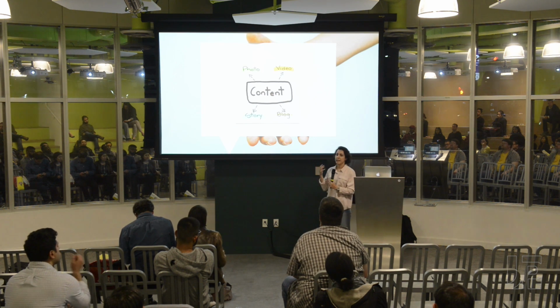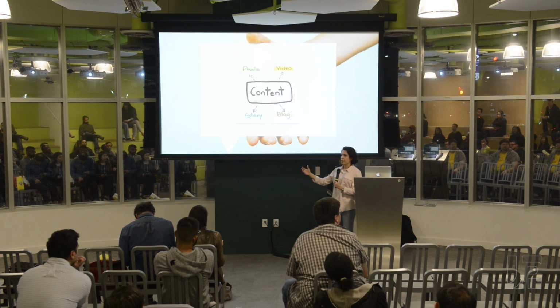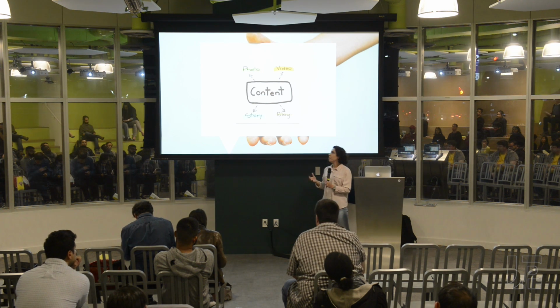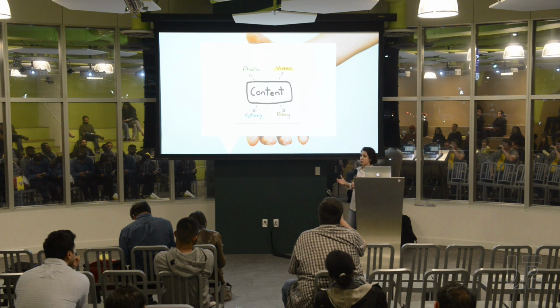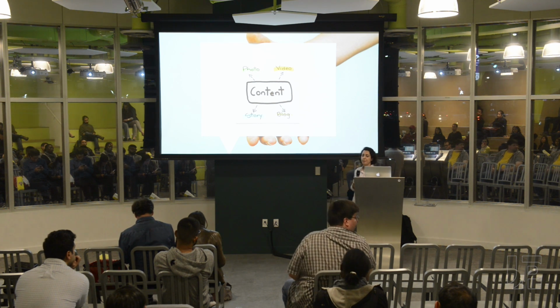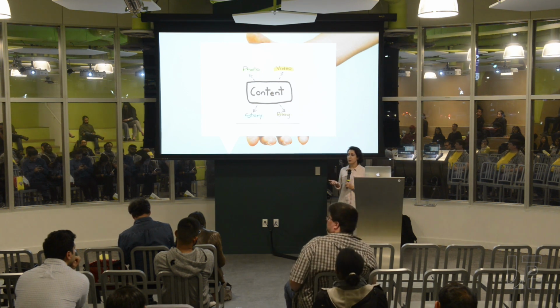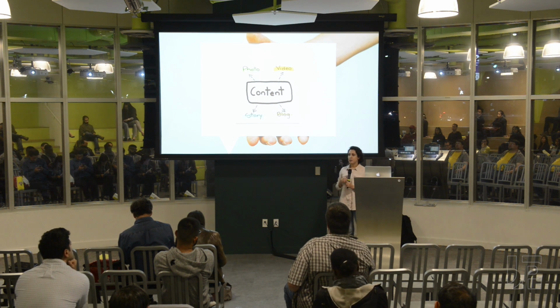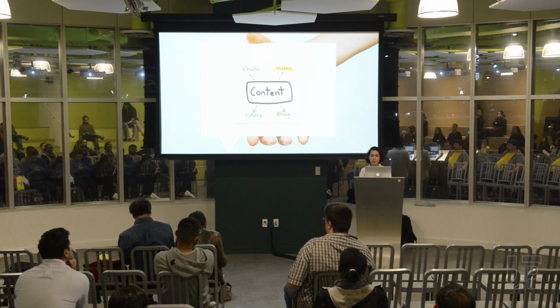This content that they can use on their Instagram account or on their social media could be in any form of photo, video, Instagram stories, or blog, and they can use it to build a strong relationship with their audience or for their campaigns.